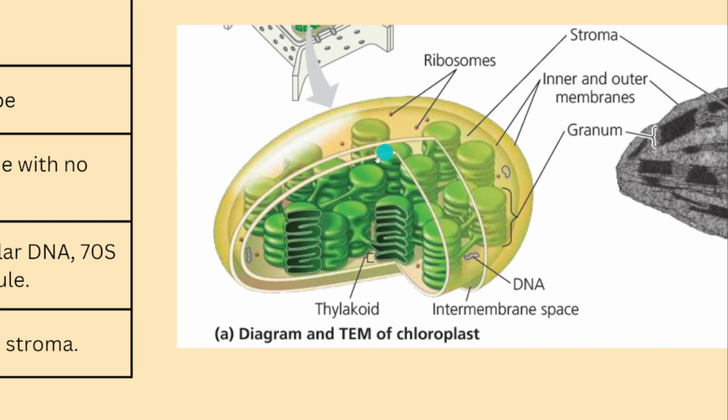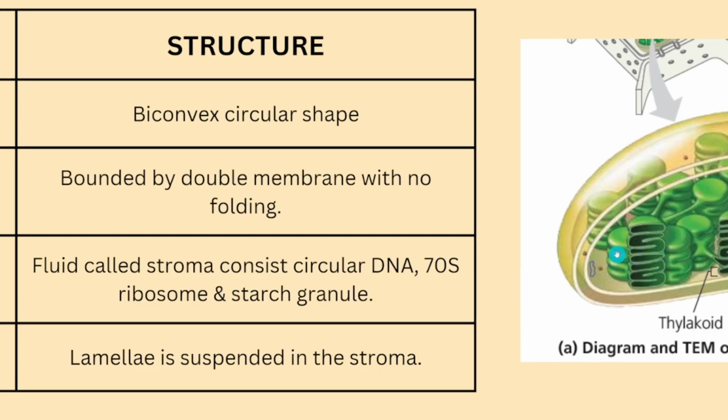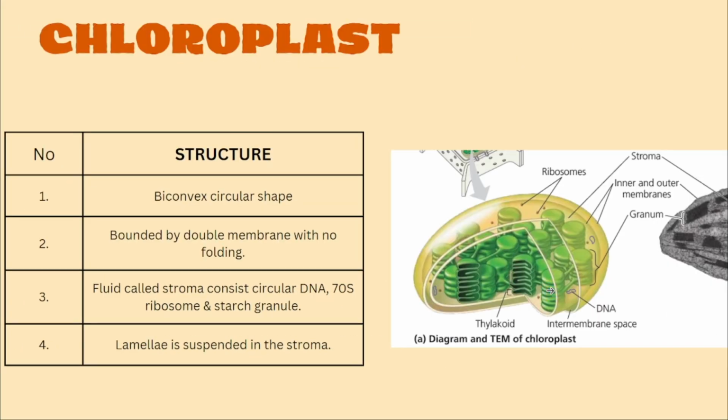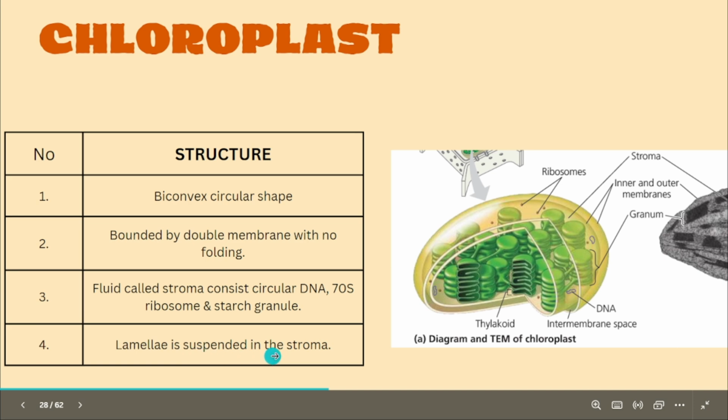The chloroplast also contains its own DNA and its own 70S ribosomes, so this is similar to mitochondria. And lamella is suspended in the stroma.